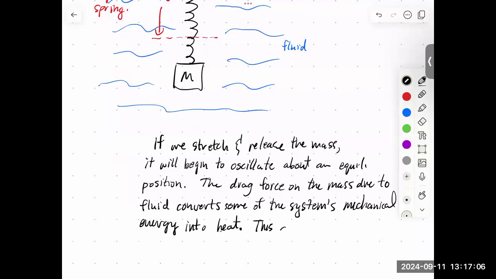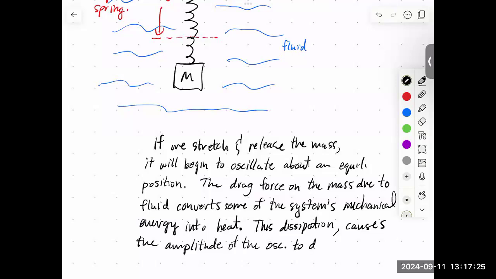This dissipation causes the amplitude of the oscillations to decrease with time.